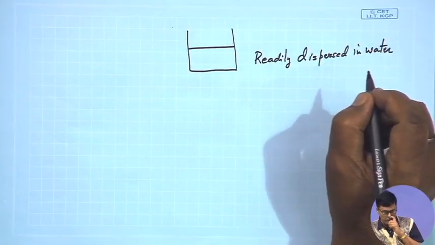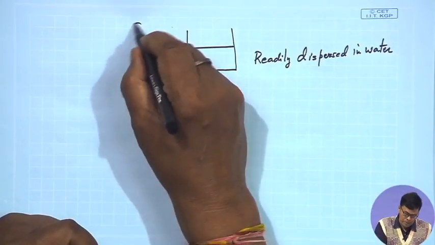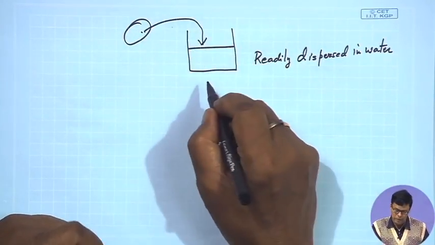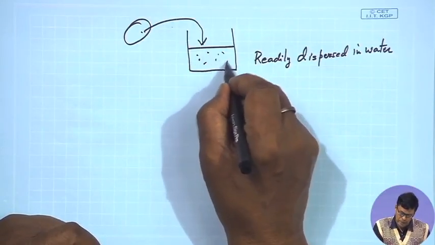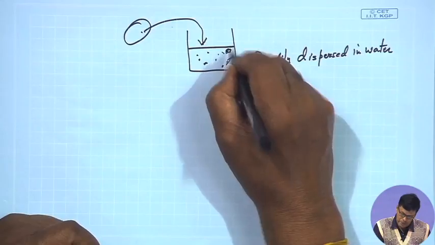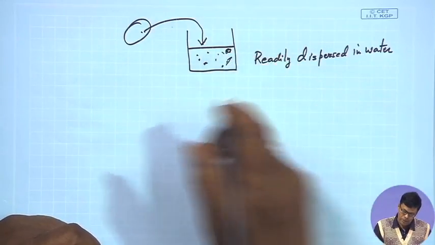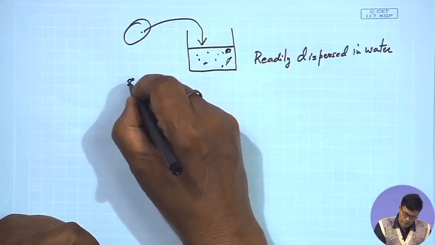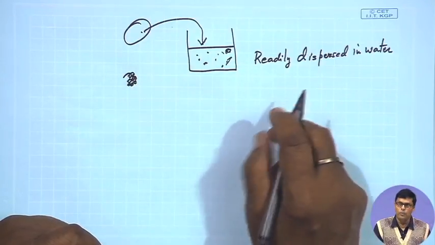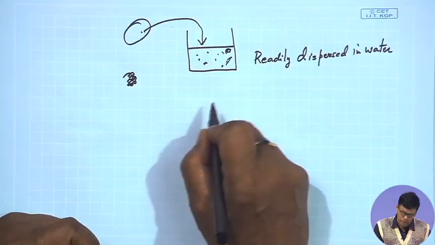Now, what does it mean? Suppose we have yeast cells here, and we make a cell suspension here. Now, suppose some clusters of cells are like this, and a cluster of cells means a lot of cells binding together like this. So, I told you this is used for bread making.